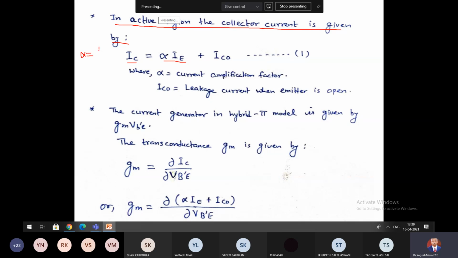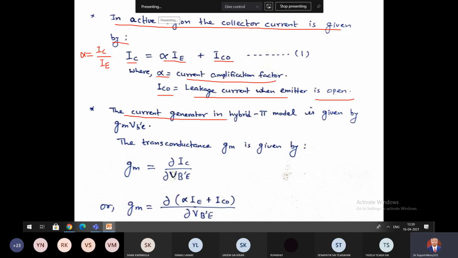Alpha is IC by IE, right? So IC is equal to alpha IE plus ICO, and this ICO is the reverse saturation current, because collector and base junction is reverse biased. That's why in that reverse bias you will find this leakage current also. So alpha is current amplification factor, ICO is the leakage current when emitter is open.